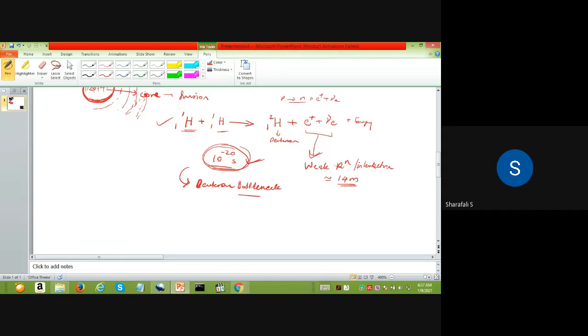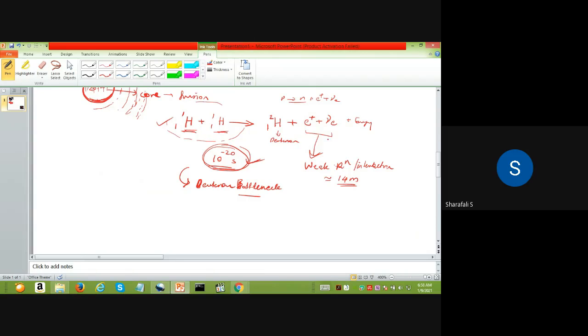In this case, we have two protons interacting with each other and making one deuteron, plus a positron plus an electron neutrino. This is the lightest nucleus we have, and this reaction happens in the Sun.